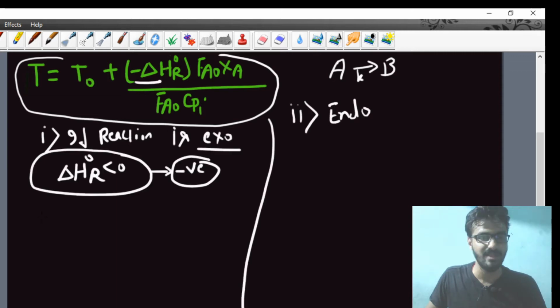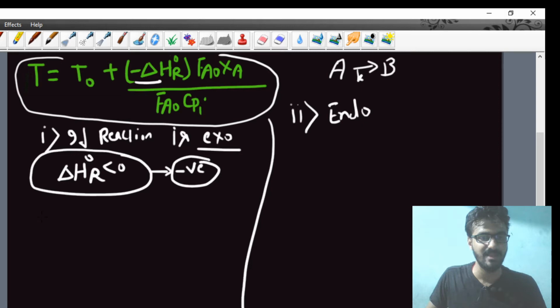So if you draw the graph here, it will vary in this way. If you know the basics of mathematics, then definitely you will be able to identify this graph. Minus negative will become positive.